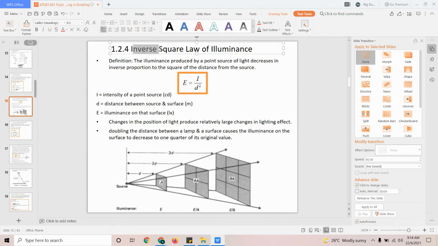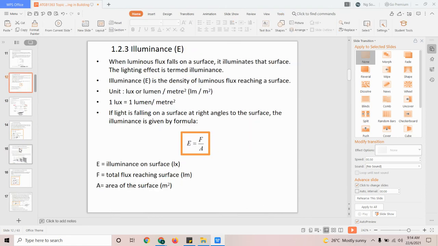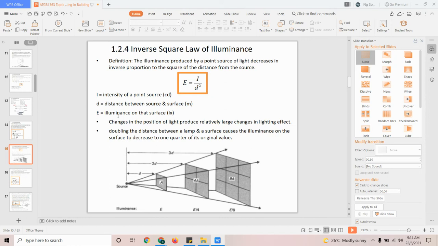So this is what is meant by the inverse square law of illuminance, which is represented by E equals I over D squared. So the illuminance on a surface equals the intensity of the point source divided by the distance squared. The further away, the less illuminance will reach the surface.